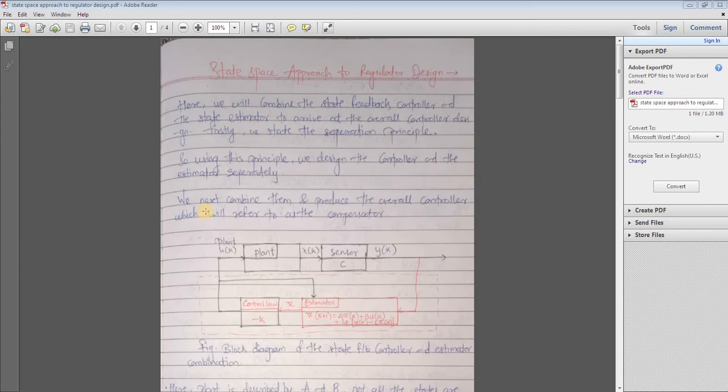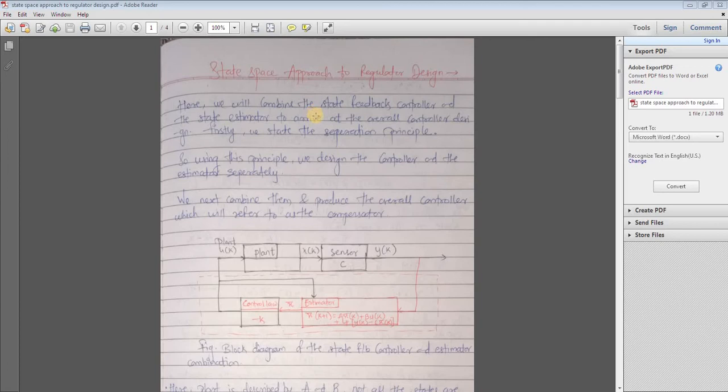Now, in the case of regulator design using the state space approach, we are going to use the combined control law and estimator. I'll explain what it is. We will combine the state feedback controller and the state estimator to arrive at the overall controller design.